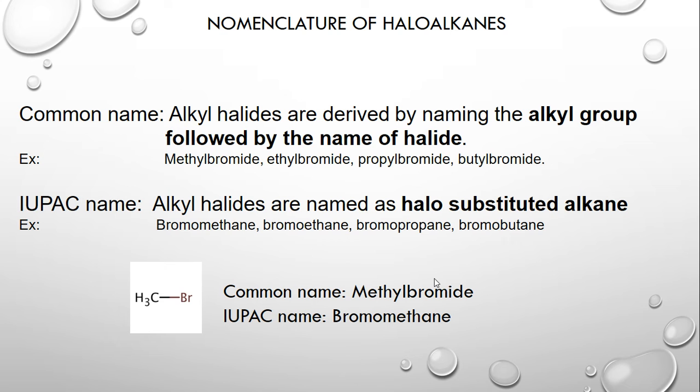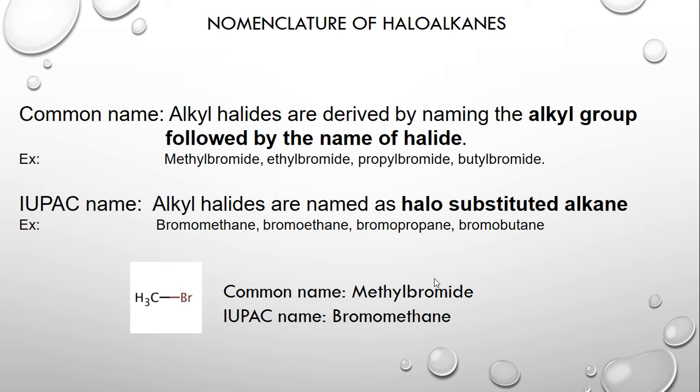So alkyl can be methyl, ethyl, propyl, butyl, pentyl, likewise. And halide means chloride, fluoride, bromide, iodide. So the common name is written as alkyl halide. Look at the examples: methyl bromide, ethyl bromide, propyl bromide, butyl bromide, or methyl iodide, ethyl iodide, likewise.